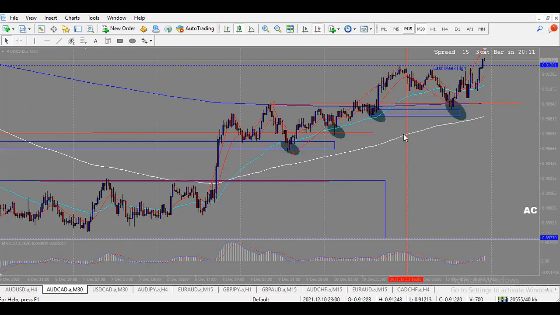So we wait for it in an area that does a similar thing to this area that we have highlighted. If it retraces back into that area again, then we have no choice but to buy or to sell, depending on which market we are looking at.